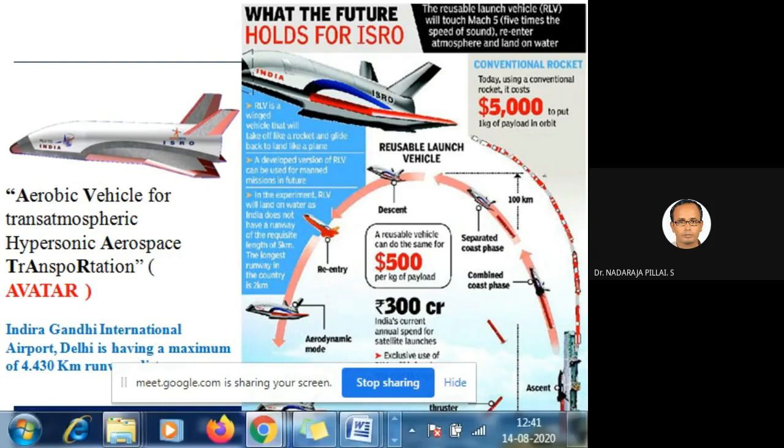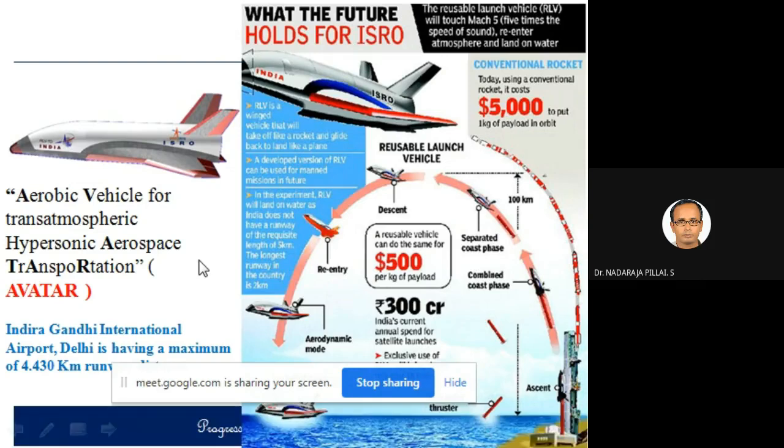Again, the next point here is that usually our Indian Space Research Organisation, whenever they launch a vehicle to orbit and place satellites into a particular orbit, they spend 5,000 US dollars per kilogram of payload.